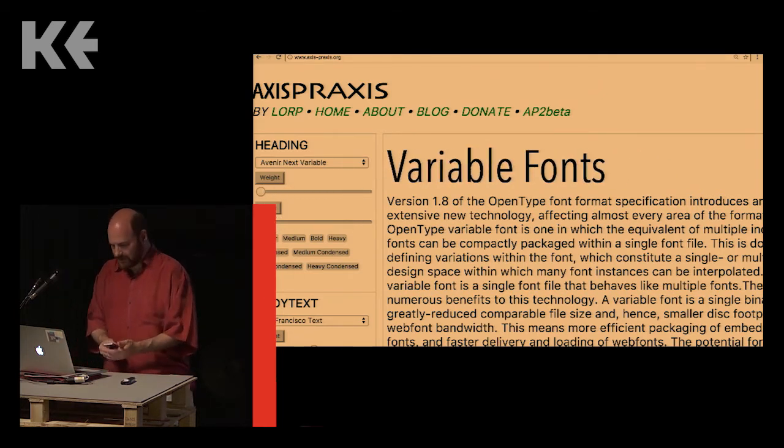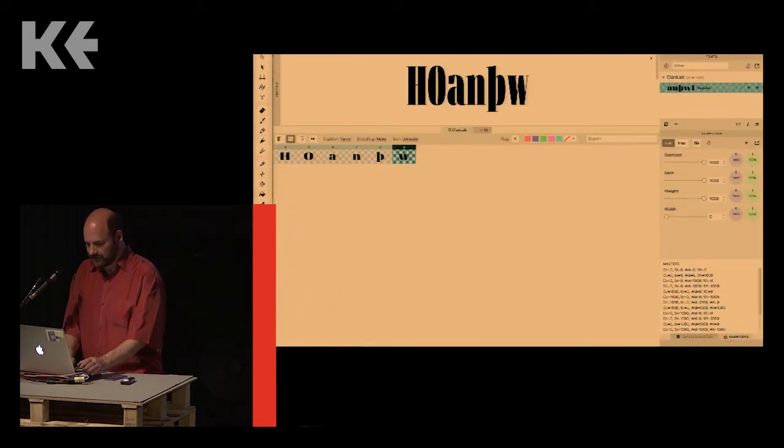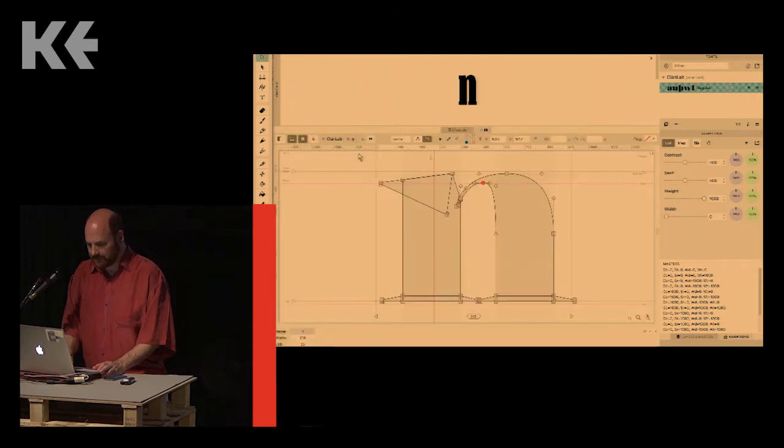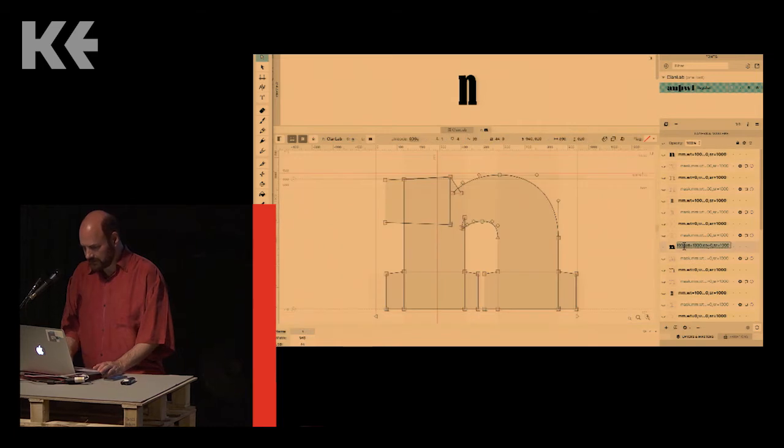So, now just to go back to the design side for a moment, let's pull up a glyph. And I'm going to look at a couple of masters.